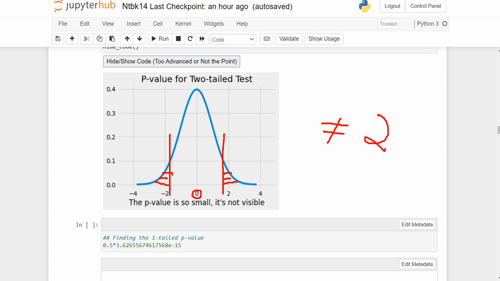So what is a one-tailed test? A one-tailed test is when we're testing either the greater than or the less than inequality. What does that mean? We just draw the vertical line, and this is for the less than inequality.